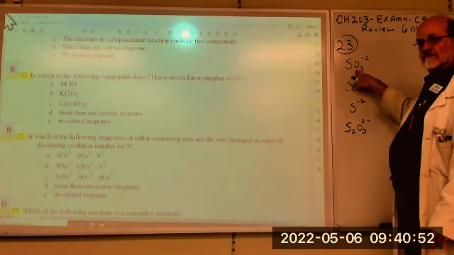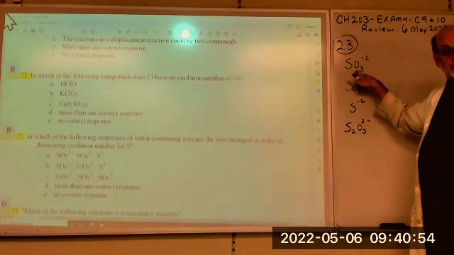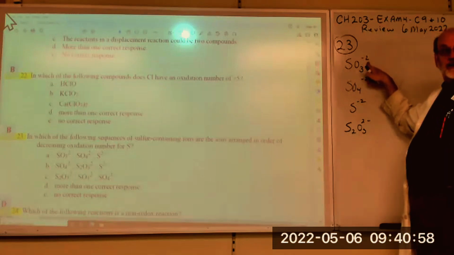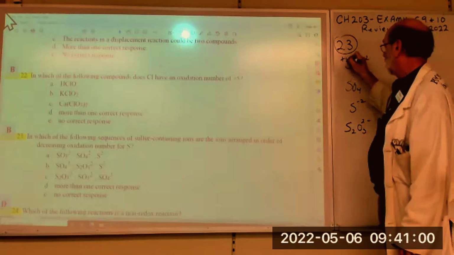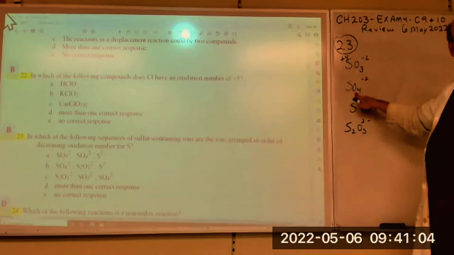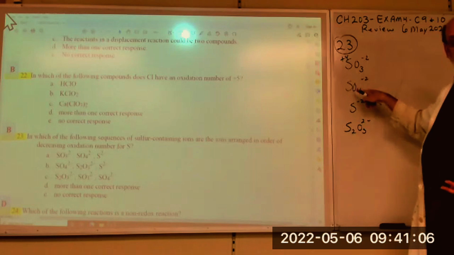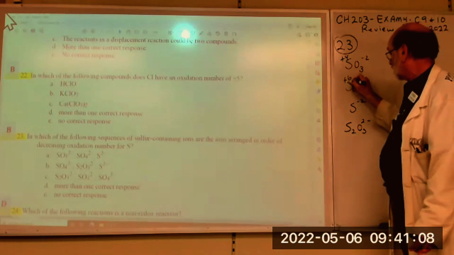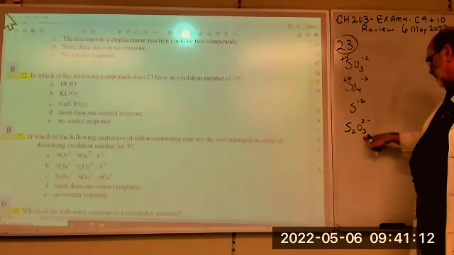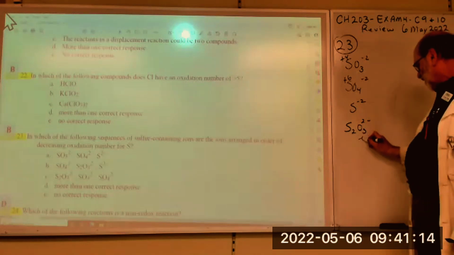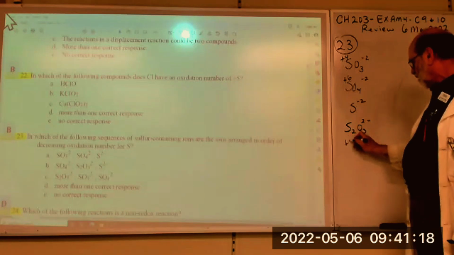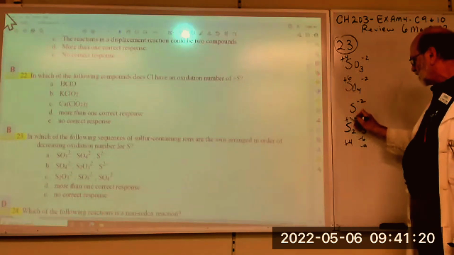This would be total of -6, right? But we hold 2 of them out, so we only need a +4 to balance it. How about this one? That would be -8, hold 2 out, -6. This would be a +6. There's a -2. This would be, let's see, -6, hold 2 out, -4, +4, but there are 2 of them, so each one is +2.